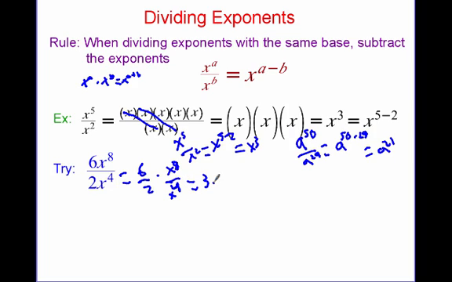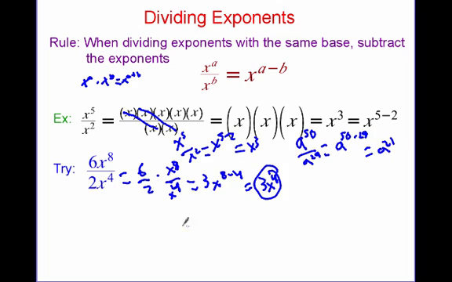X to the 8th divided by x to the 4th is x to the 8 minus 4 power. And that just gives me 3x to the 4th power, because 8 minus 4 is 4. So there we go. 3x to the 4th power is my answer.